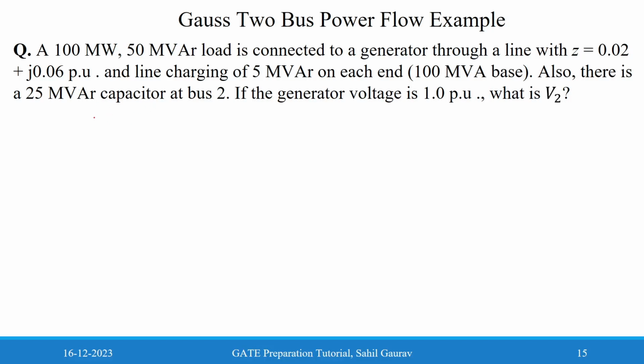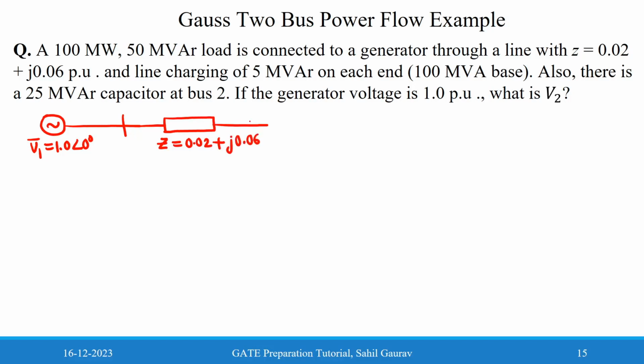This is the generator voltage, 1.0 at the angle of 0, and this line impedance is given as 0.02 plus j0.06.